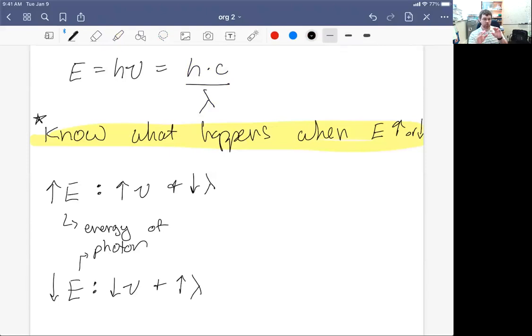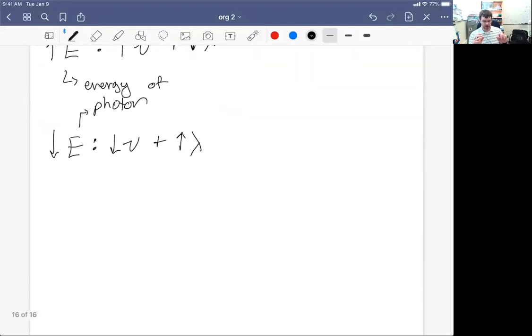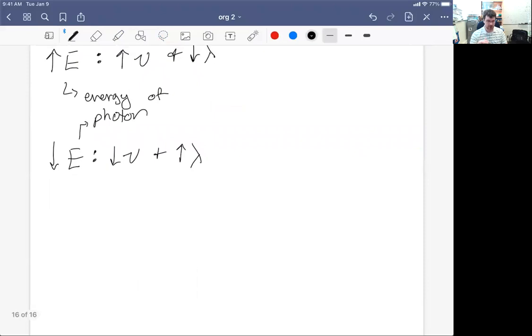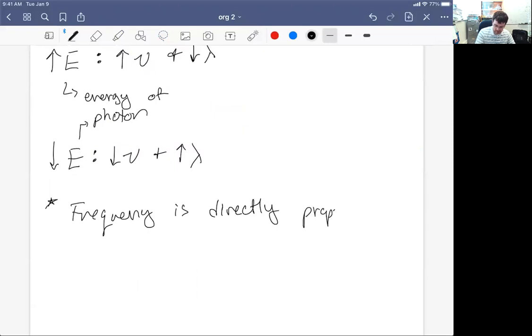Now, it's really good knowledge to have in all of science to know that frequency is directly proportional to energy. As the frequency goes up, the energy also goes up.